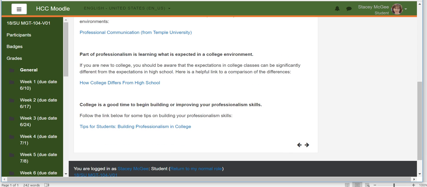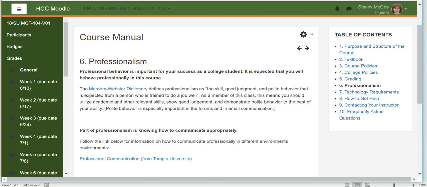Professional communication, this is a good tip for everyone. Part of this is doing stuff on time and that kind of thing. But also, for instance, in the weekly assignments, these are educational activities, and these should be treated professionally, which means you need to use real words, you need to use capitalization and punctuation, and your spelling needs to be correct.